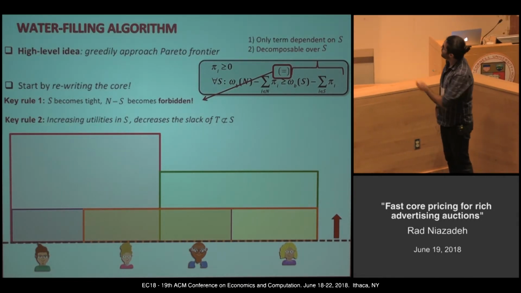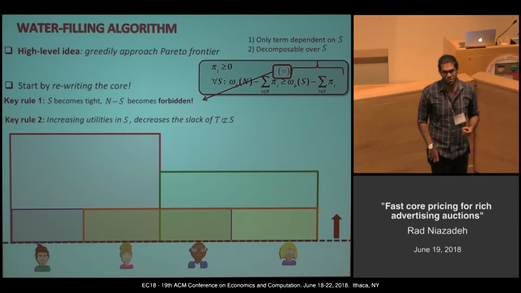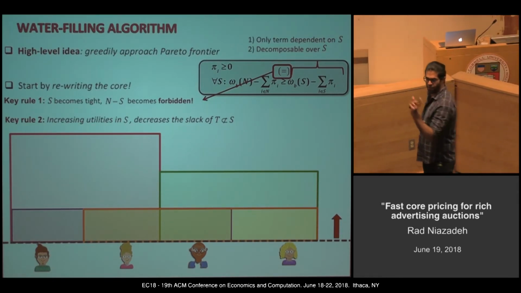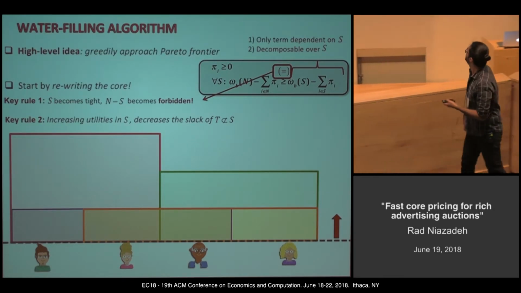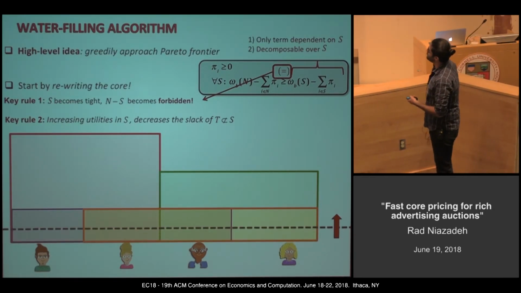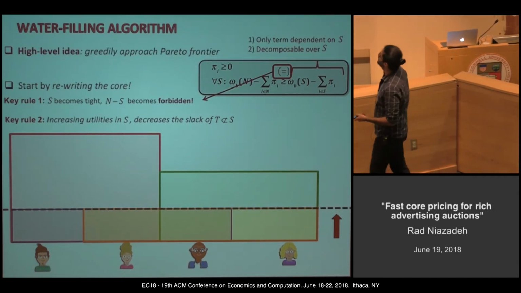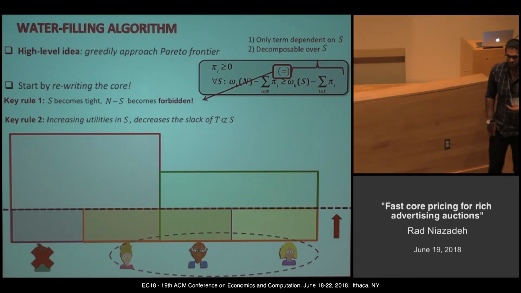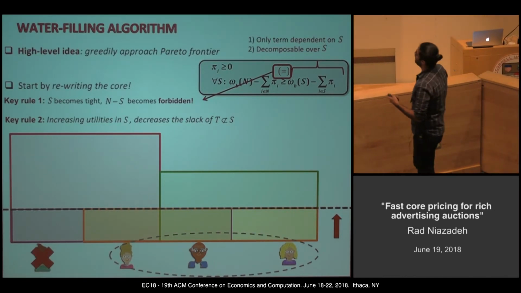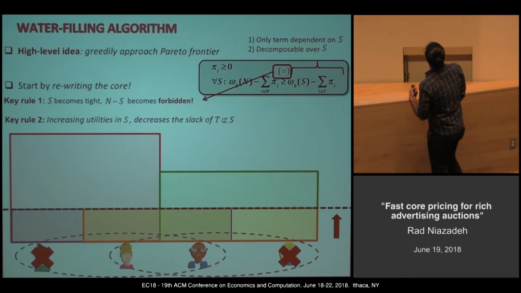Here is what you need to do. Imagine we have four buyers. These boxes show you how much slack you have for every constraint. Remember, we have one constraint for every subset of the bidders, basically exponentially many constraints. You start increasing the utilities until you hit one tight core constraint, in this case the purple one and the orange one. Because the orange one is tight, you have to kick out a person who is not among the orange ones. And because purple is tight, you have to kick out the person who is not in the purple.